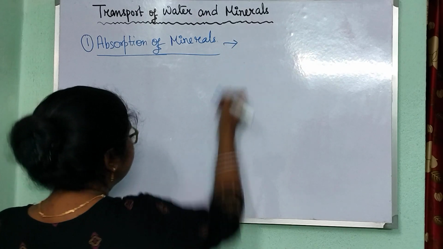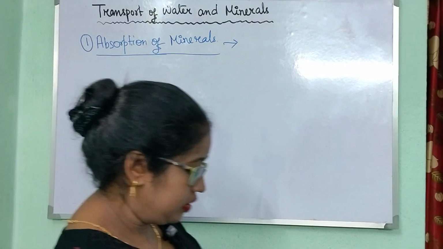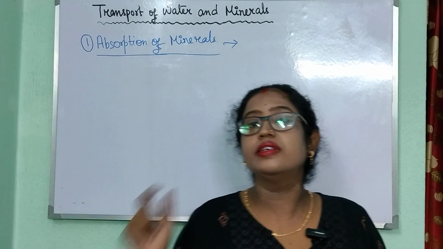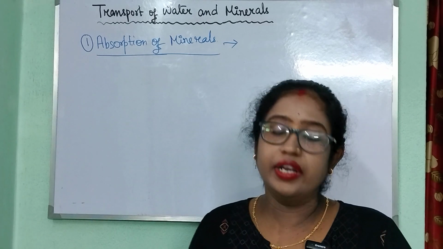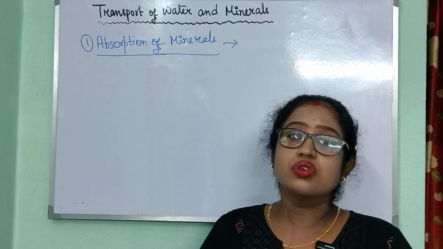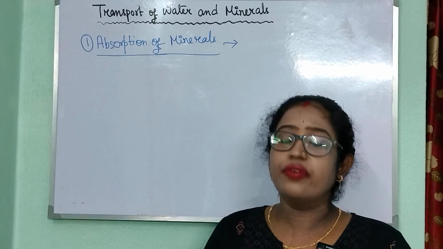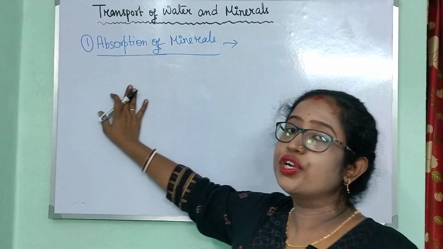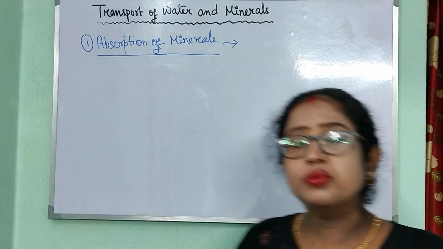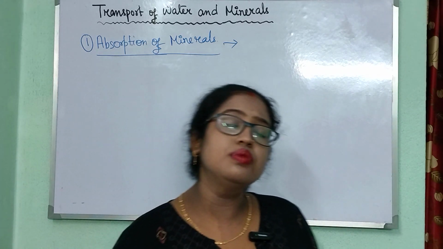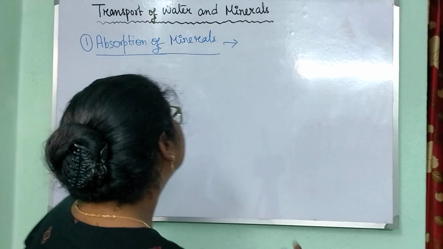But in the case of minerals, the absorption of minerals is done by an energy gradient concentration. So energy is required for absorption of minerals. So absorption of minerals also occurs through the root hair.